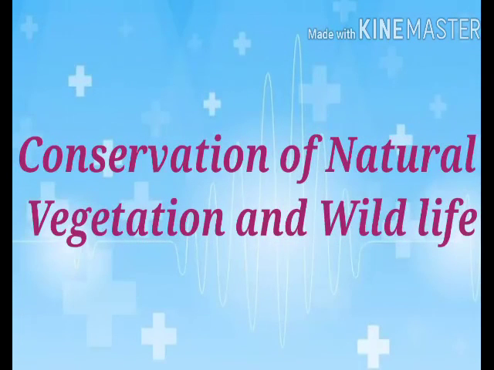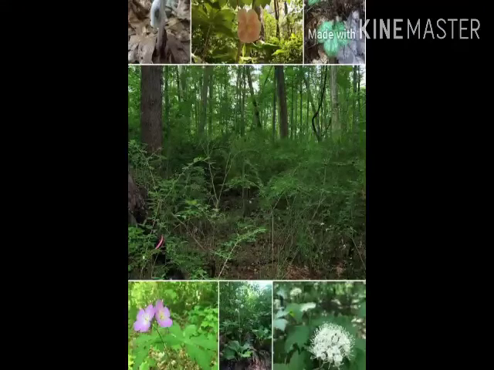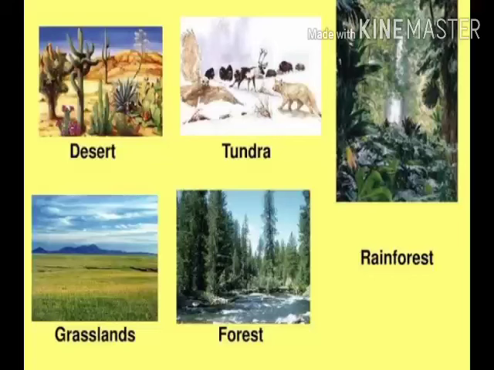The next main point of this lesson, and the last point, is conservation of natural vegetation and wildlife. Forests are our wealth. Plants give shelter to the animals and together they maintain the ecosystem. Changes of climate and human interference can cause the loss of natural habitats for plants and animals.